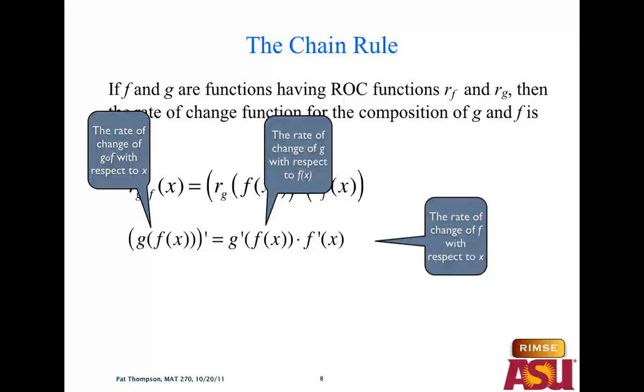How come the g prime, the rate of g with f of x as input, has to be multiplied by the f prime of x? I thought it was already done when it was the first thing in the process. This was our 5. So f changed 5 times as fast as x, and then g changed 3 times as fast as whatever its input was, and that was the output of f.